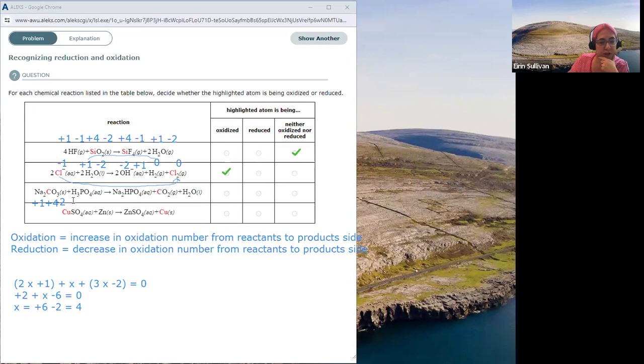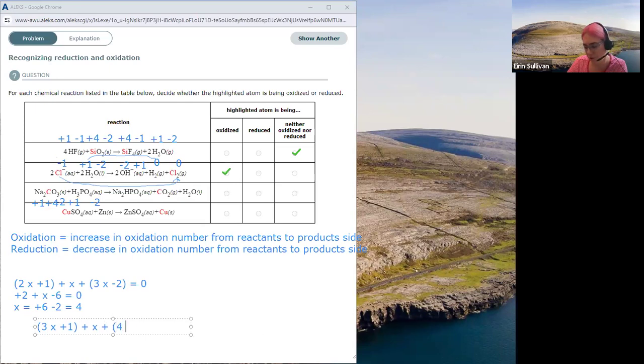Okay, same with H3PO4. So each of those hydrogens is +1. The oxygen should be -2. What about the phosphorus? So again, if you're not sure, you can actually work it out. 3 times +1. Phosphorus, I don't know. If it forms an anion, it's usually -3, right? So that's what I'd kind of guess, but we're going to make it X just for fun.